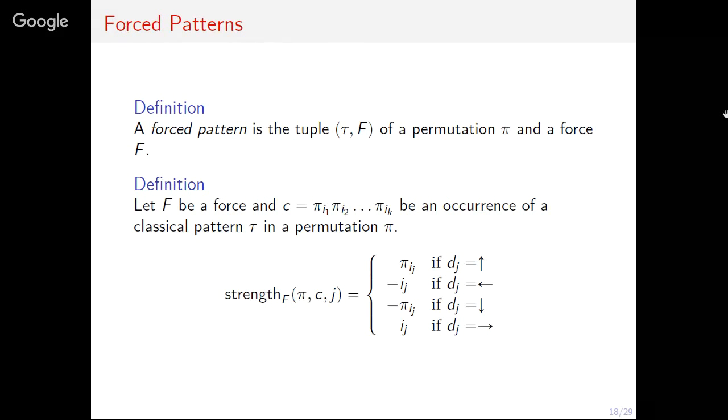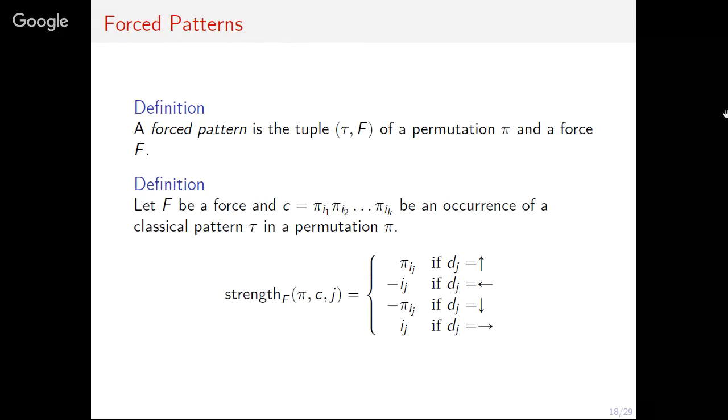To actually compare these different occurrences of the classical pattern, we're using the force, but how do we evaluate them? How do we know which is the occurrence where some point is as far to the right as possible? How do we encode this formally? We evaluate each of the points by the direction in which it is being forced.